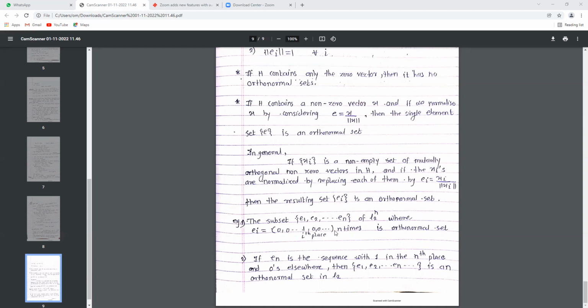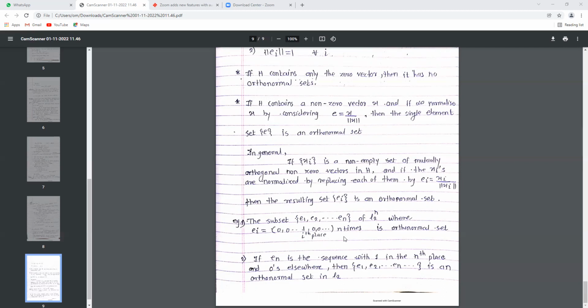For example, the subset e_1, e_2, ..., e_n of l_2^n, where e_i has 1 at the ith place and other entries are 0, with n such vectors, is an orthonormal set.